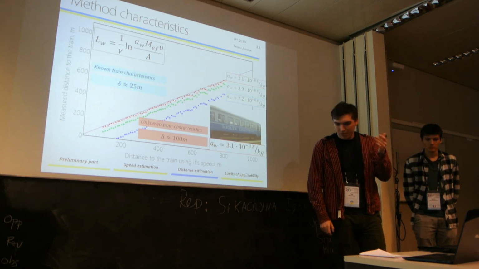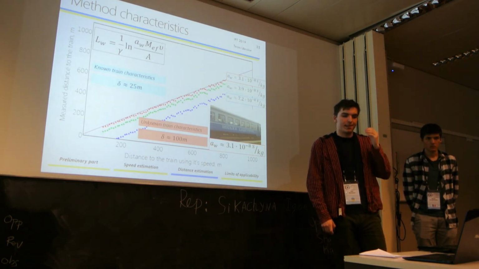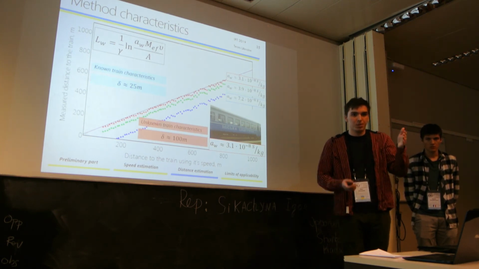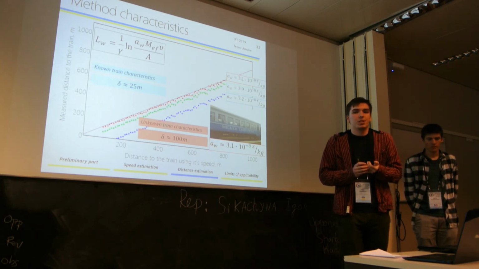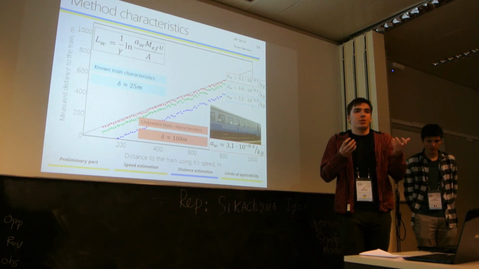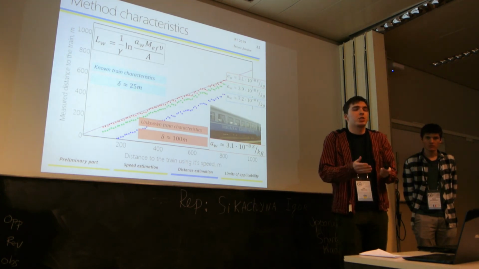Well, we will get, of course, different signals due to attenuation, but for the speed estimation it will not matter at all just because of how the signal is structured. And for the distance, we again just don't really obtain the information about the properties of the train due to all the signal attenuation processes. This information is just lost.